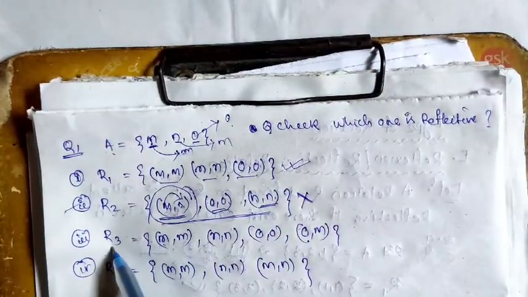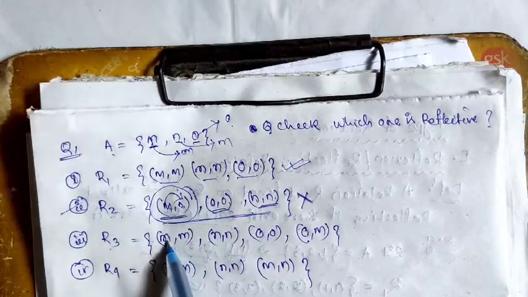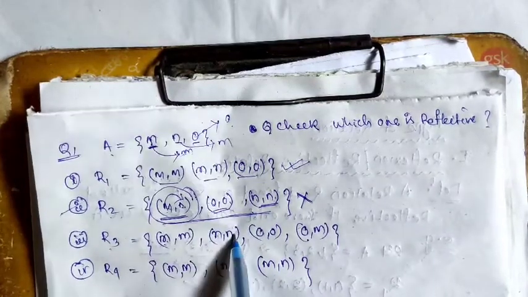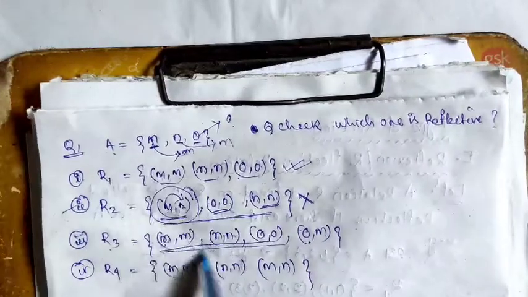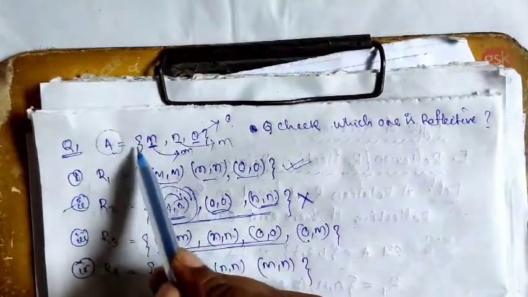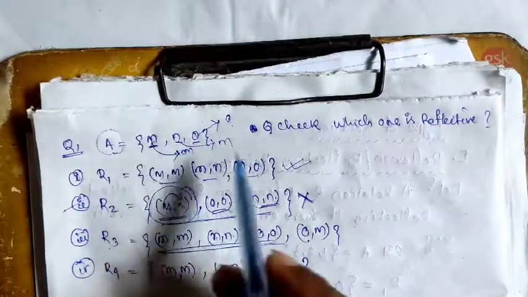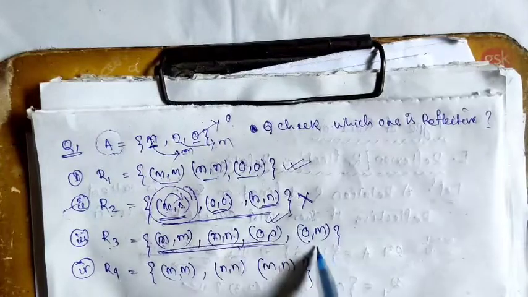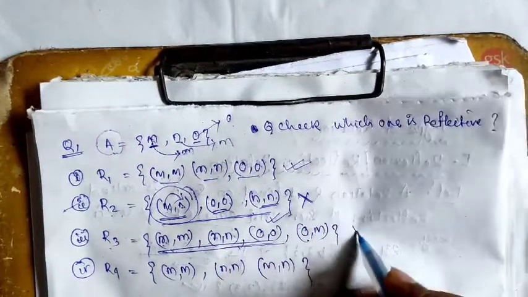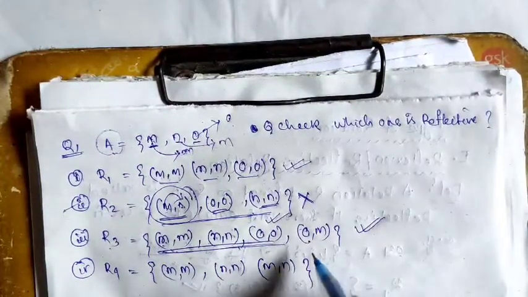In the third question, the (M,M) ordered pair is present, (N,N) is present, (O,O) is present. All 3 elements of set A are mapped with themselves. So the necessary condition is satisfied. So it is also a reflective one.